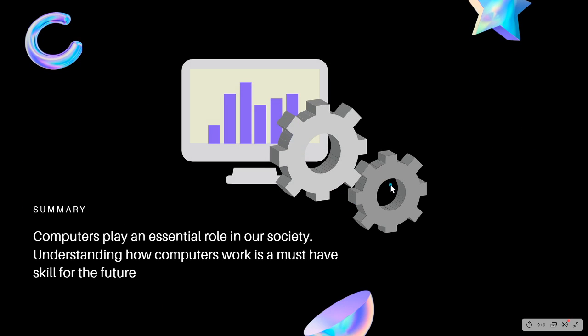So pretty much the summary is that computers play an essential role in our society. Understanding how computers work is a must-have skill for the future because these are the tools that we're using. We're inputting data into computers, we're storing that data, and then we're consuming the data. Whether you're trying to figure out how many Krabby Patties you're going to produce that day, or if you're trying to understand why on Wednesday you're not selling any Krabby Patties at all, that is a product that you're receiving whenever you're using tools.